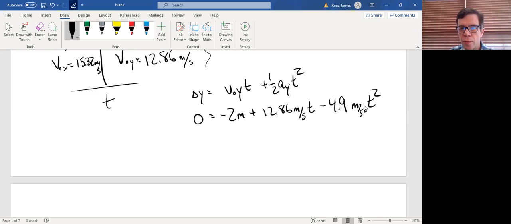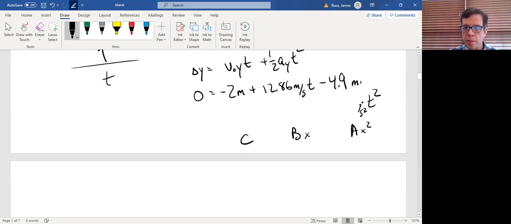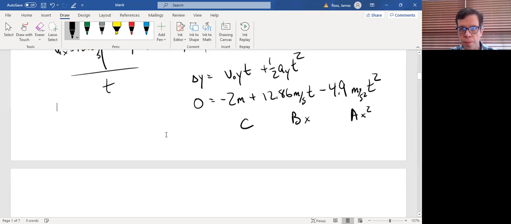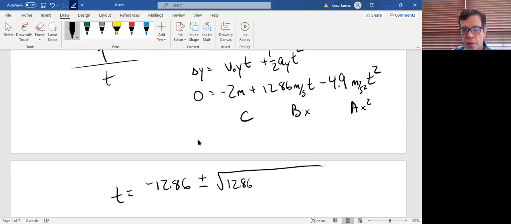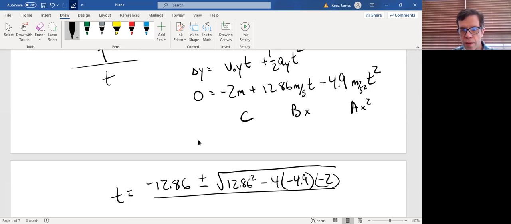All right, so using our quadratic formula, that's our A, B, and C, right, in our quadratic formula. And we get t is equal to minus 12.86 plus or minus the square root of 12.86 squared minus 4AC, all over 2A.